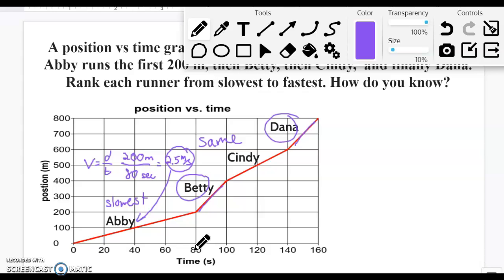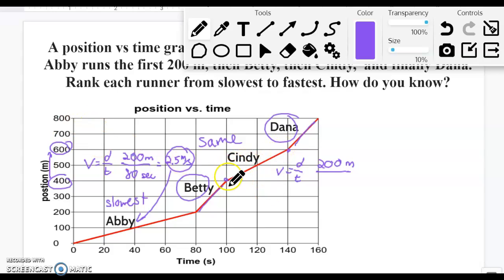For someone like Cindy, if we wanted to figure out the velocity, again, it's the same thing. Velocity is distance divided by time. But this time when we do the distance, you need to make sure that it's only for that section. So from where she started at 400 meters to where she ended at 600 meters, she only goes 200 meters for her distance, divided by the time that Cindy ran.